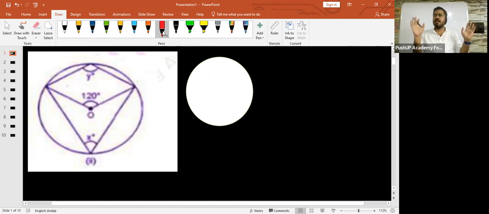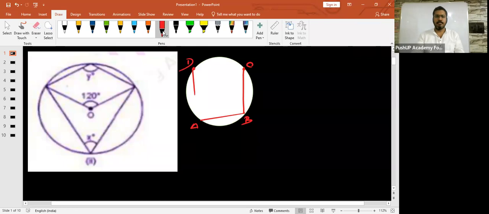What is a quadrilateral? It is a polygon having 4 sides. So I am going to draw a quadrilateral inside the circle. A, B, C, and D. 4 vertices I have drawn on the circumference of the circle.